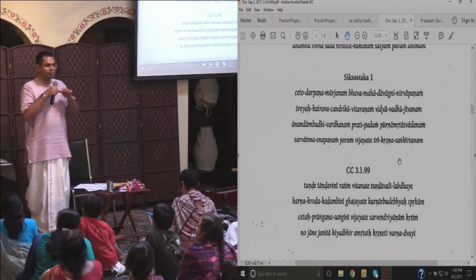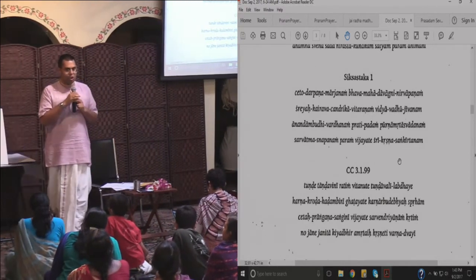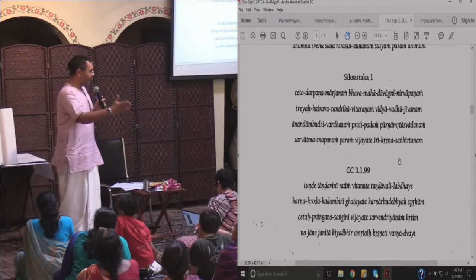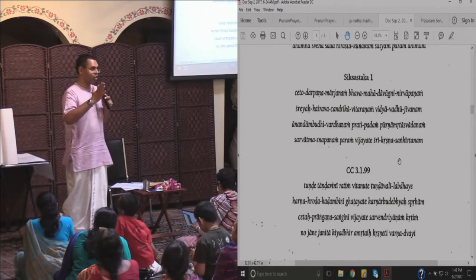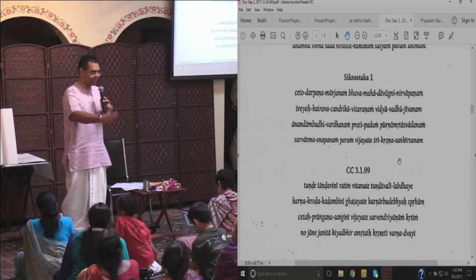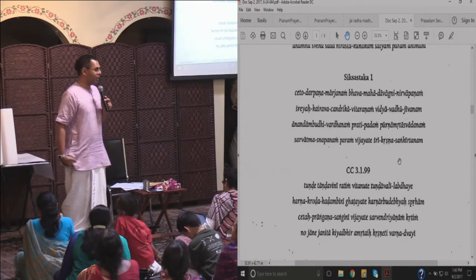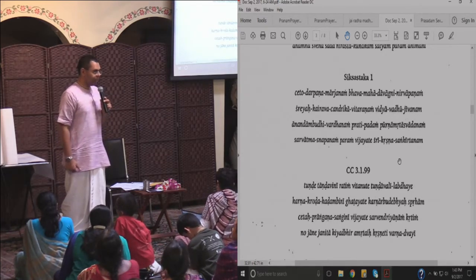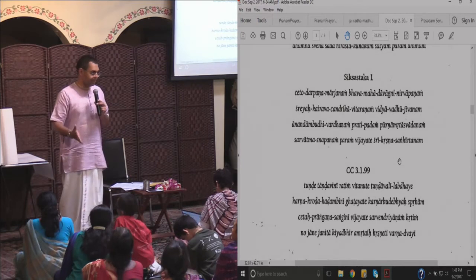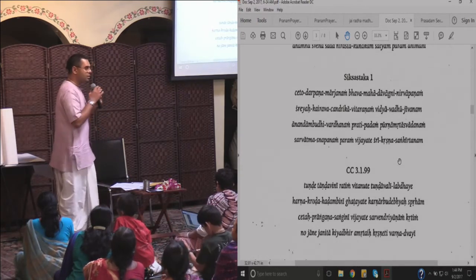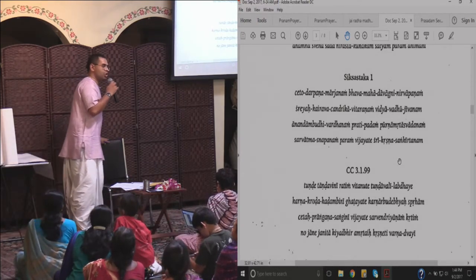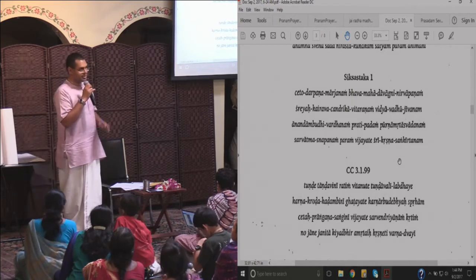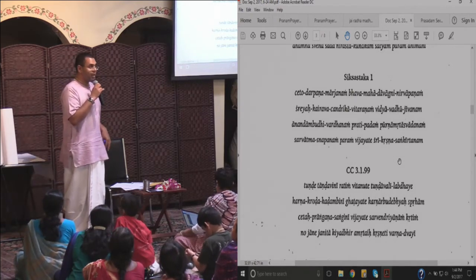You see, according to Sanskrit literature, there are three ways of referring to anything. You can refer to it directly. That's called rudhi, direct reference to something. Where you can point to something and say, oh, this is a chair. Okay, so this is a direct reference when I say chair.